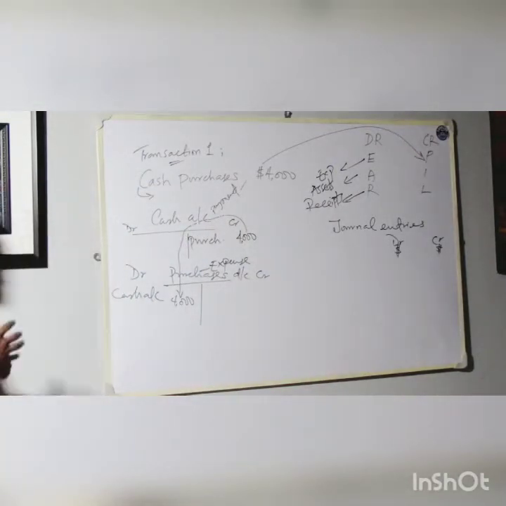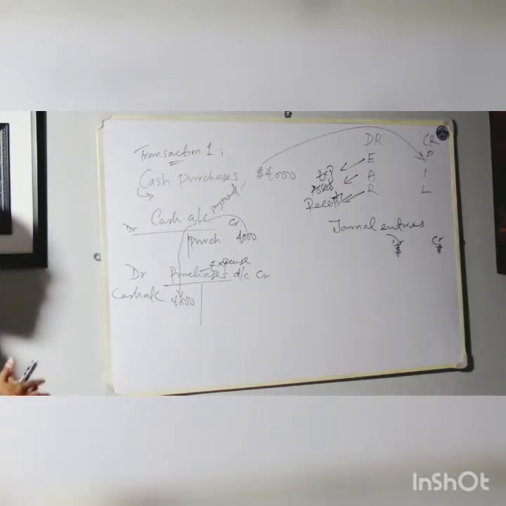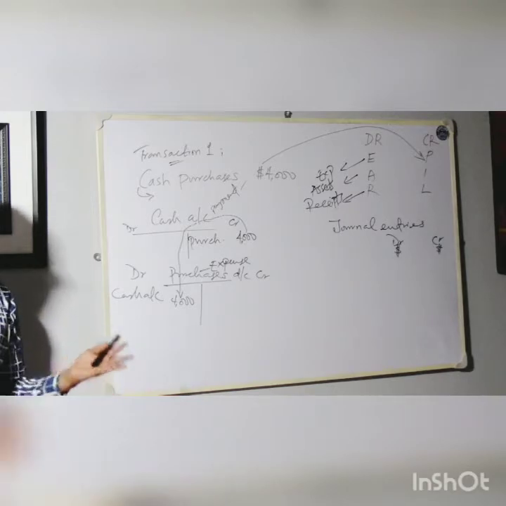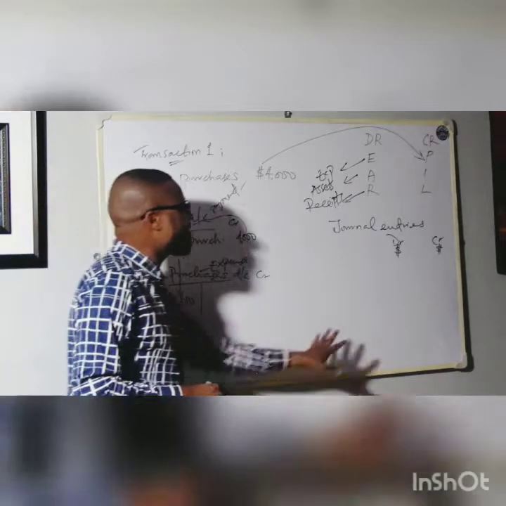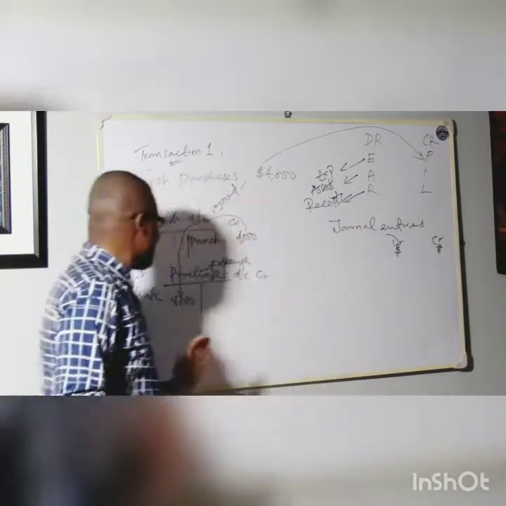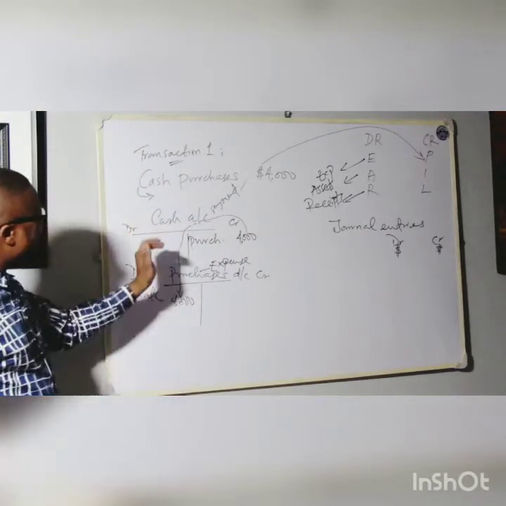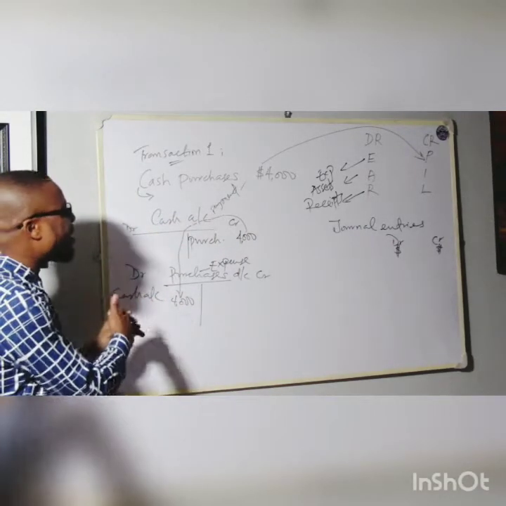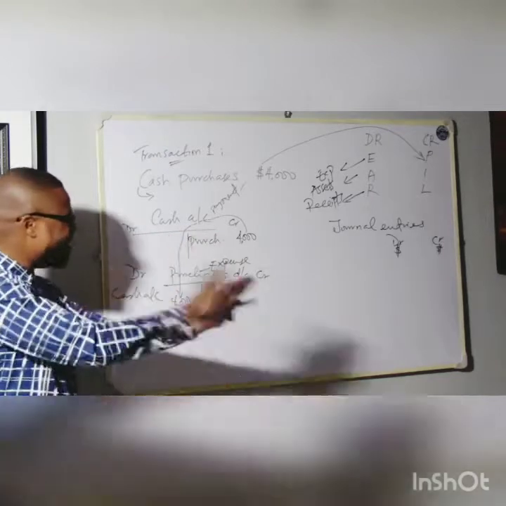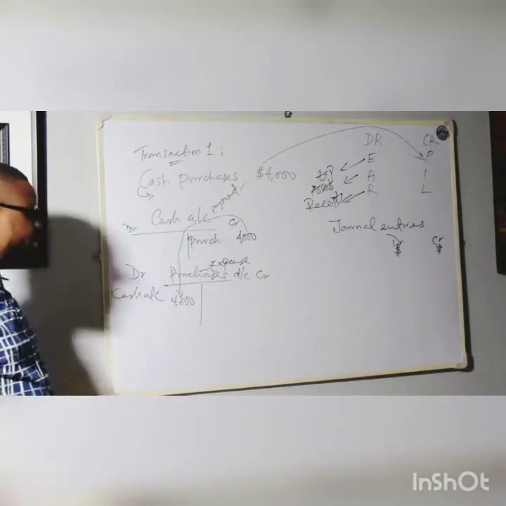You ask students that have been studying accounting for 5 years, okay, what are the journal entries for this transaction? And they are lost. Journal entries is very simple. Whatever you have done inside your ledger account, just go and express it in the journal. That's what we call journal entries, okay? But there's no magic to it.